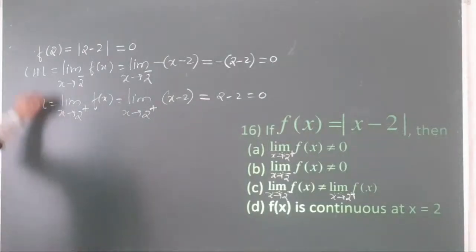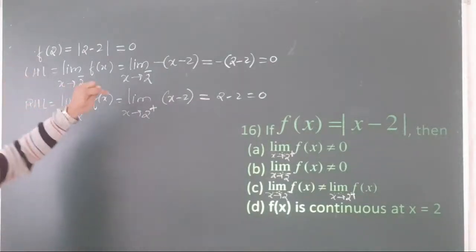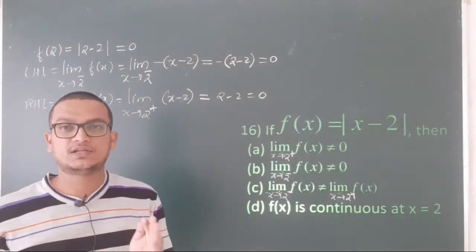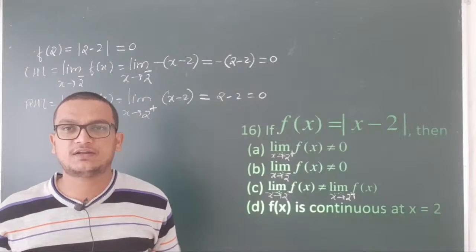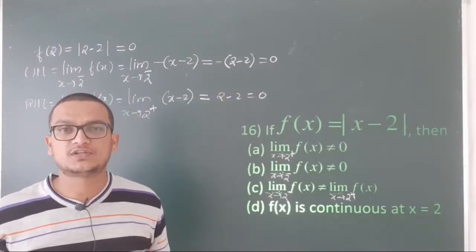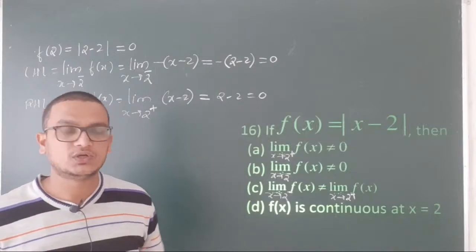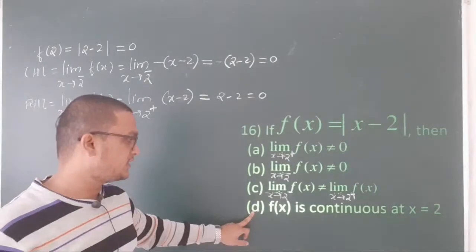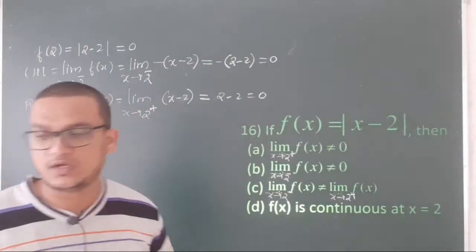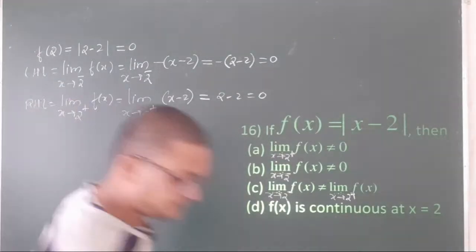So what we observe here, LHL and RHL both are equal. It means the function is continuous at x is equal to 2. So option D is correct here.